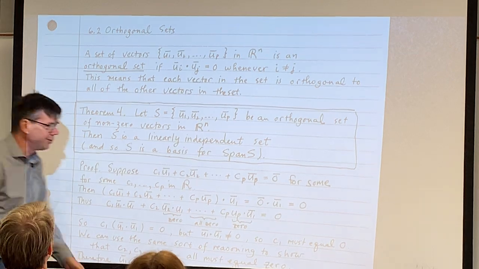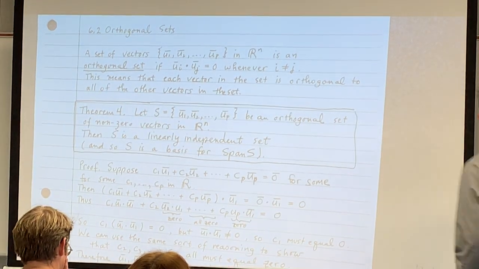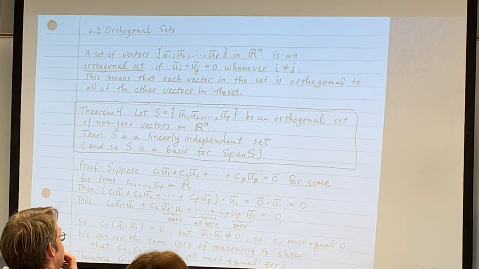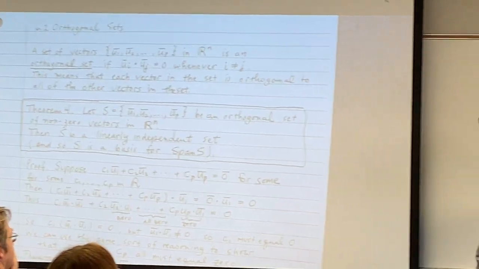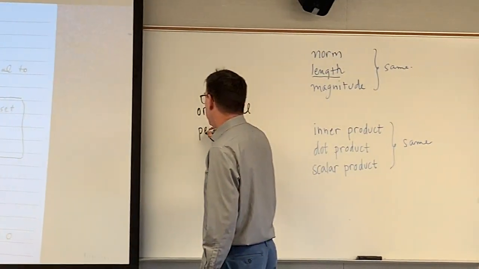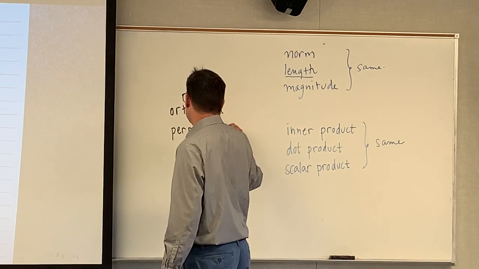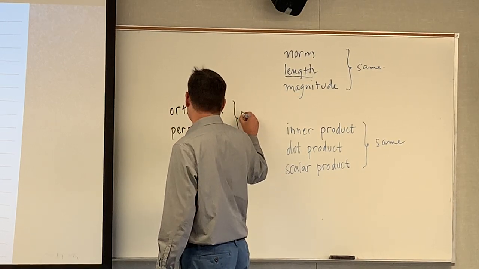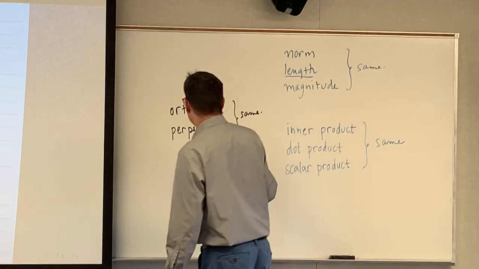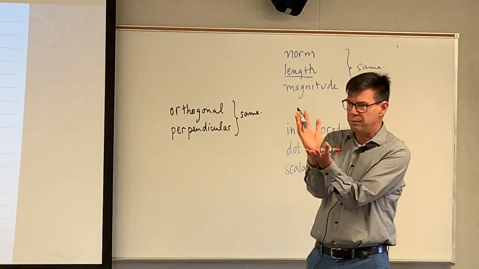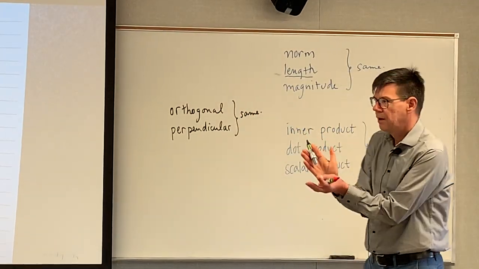Again, orthogonal, maybe we should add that to our list. Orthogonal and perpendicular are basically the same. So the idea is objects can be perpendicular to each other.